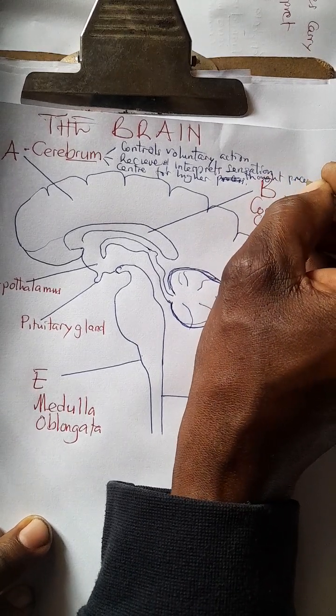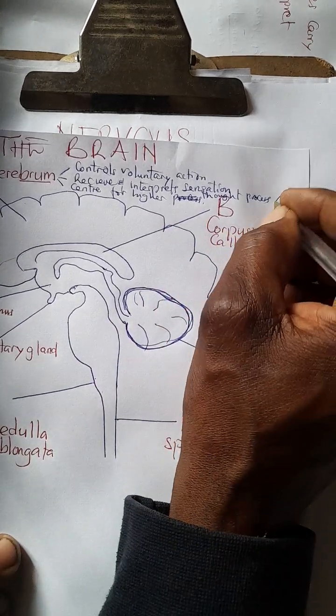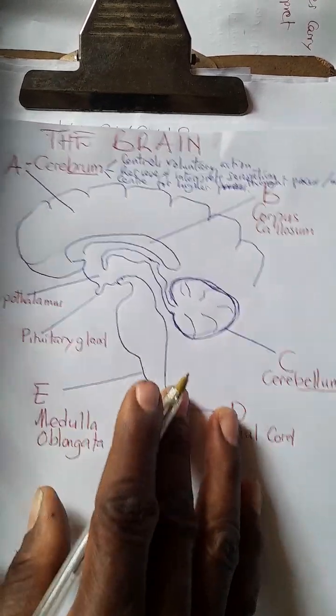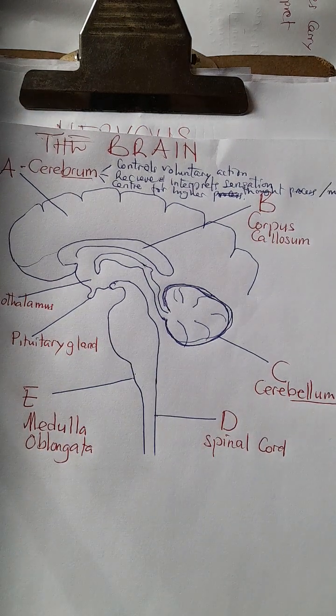In other words, this can be explained in terms of memory. Ukukhumbula. Remember, whatever you learn, you are able to apply it in the examination. That is the center for higher thought process.